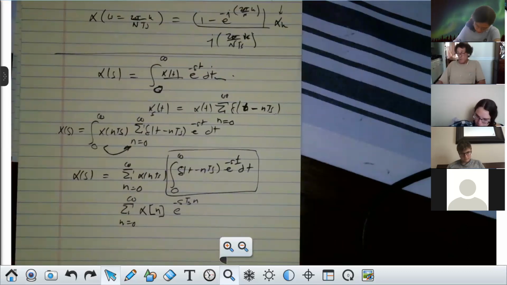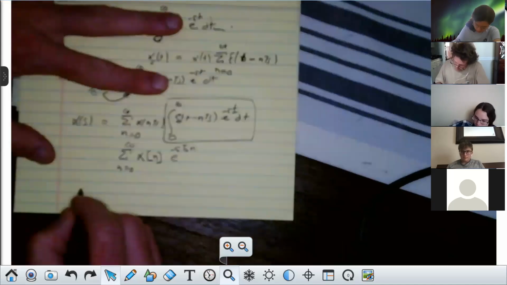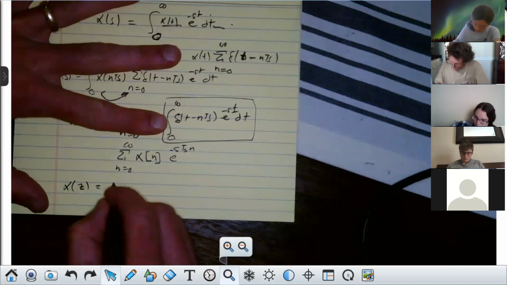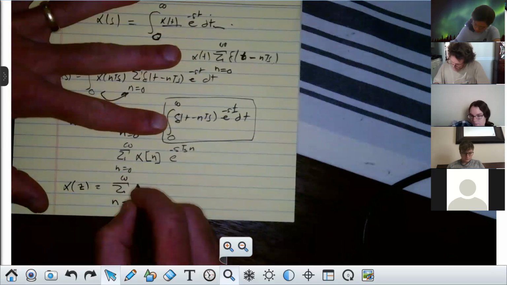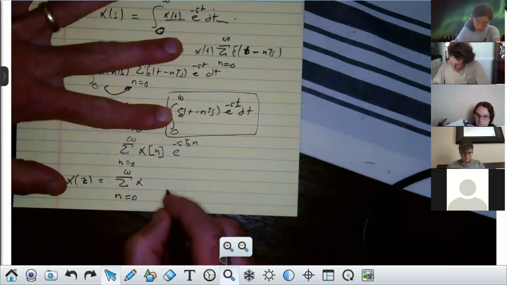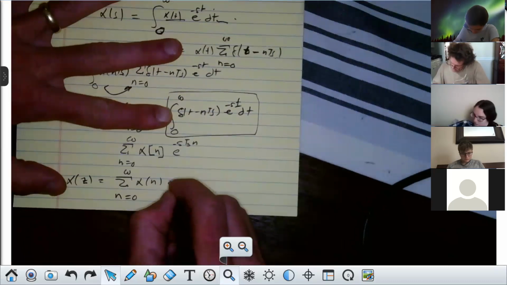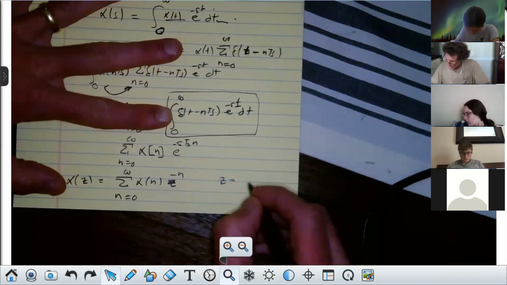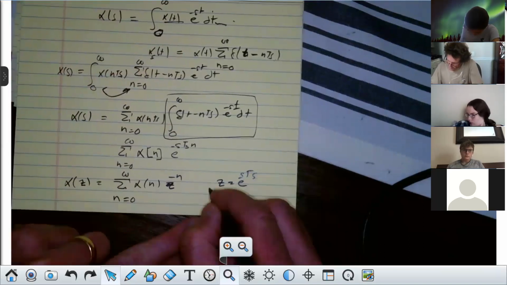And now we define the Z transform. We say the Z transform X of z is equal to the summation from n equals 0 to infinity of x of n times z to the minus n, where z is equal to e to the sTs.